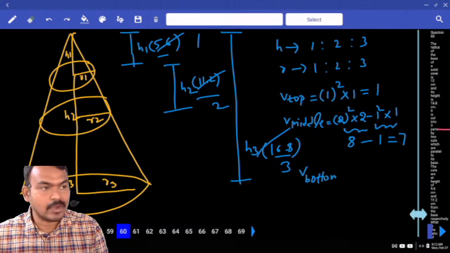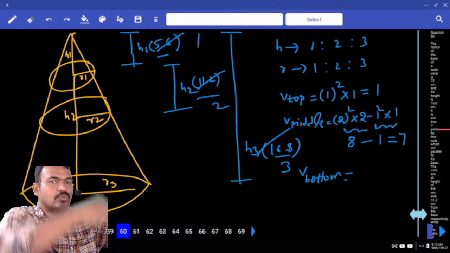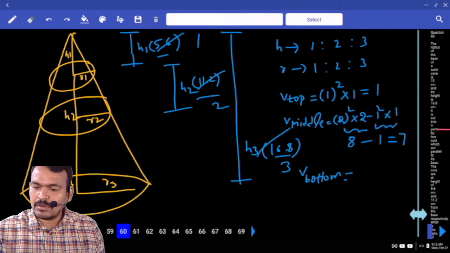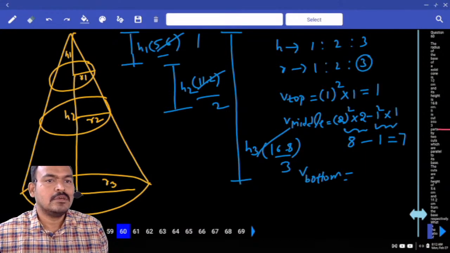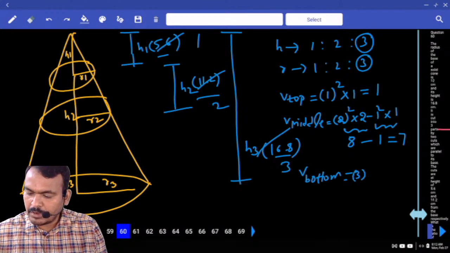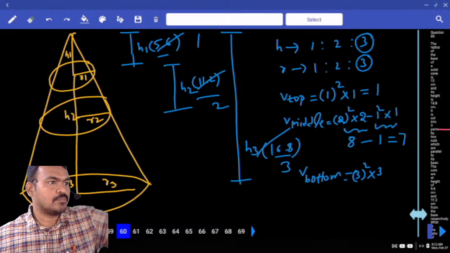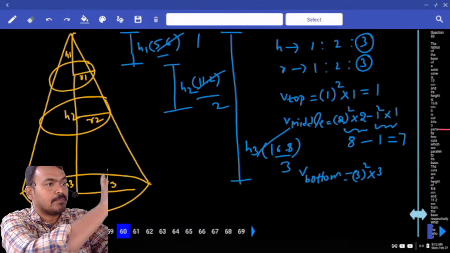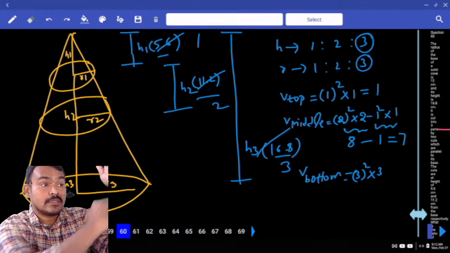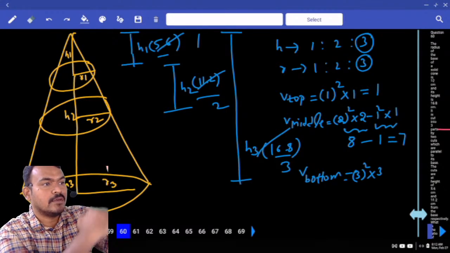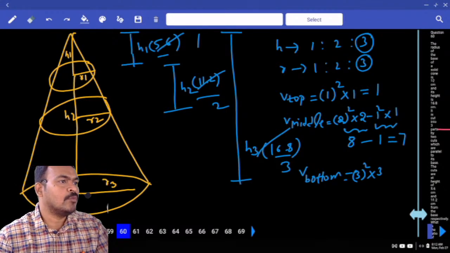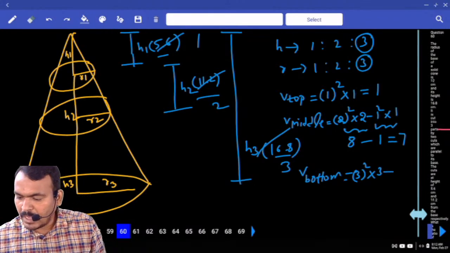Again, the volume of the bottom part. Volume of the bottom part means from top to bottom. What is the radius of the third one? 3. Height value 3. Then we write 3 square into 3. It is the volume from top to bottom. From this we subtract the middle portion, and we get only the bottom volume.